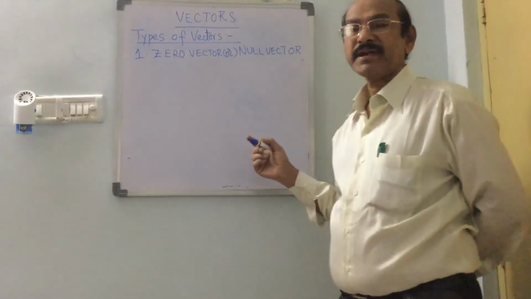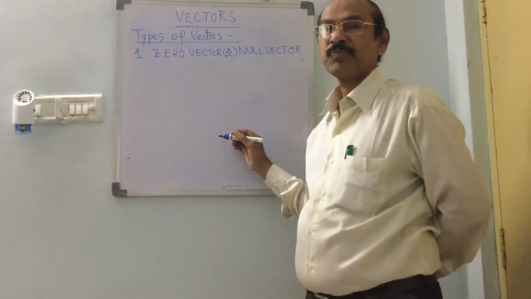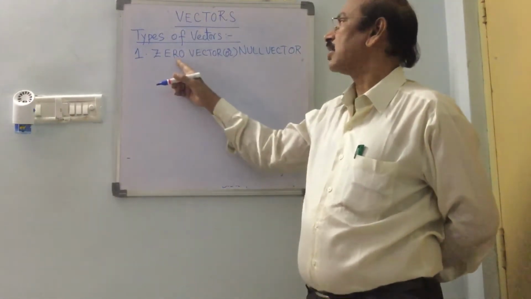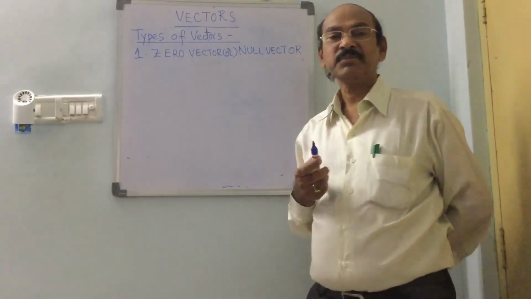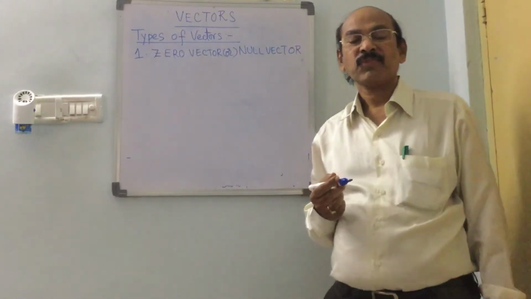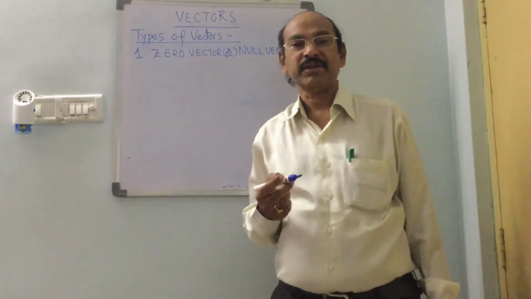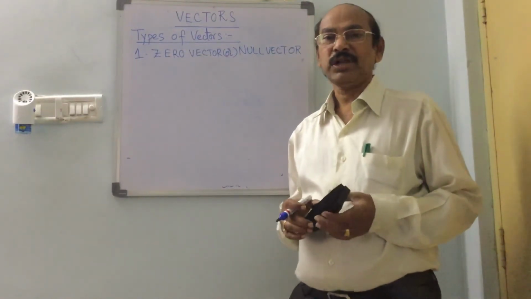If the magnitude of the vector is equal to 0, then it is known as zero vector or null vector. Generally, mathematically, a point is represented as a null vector. It has zero length.